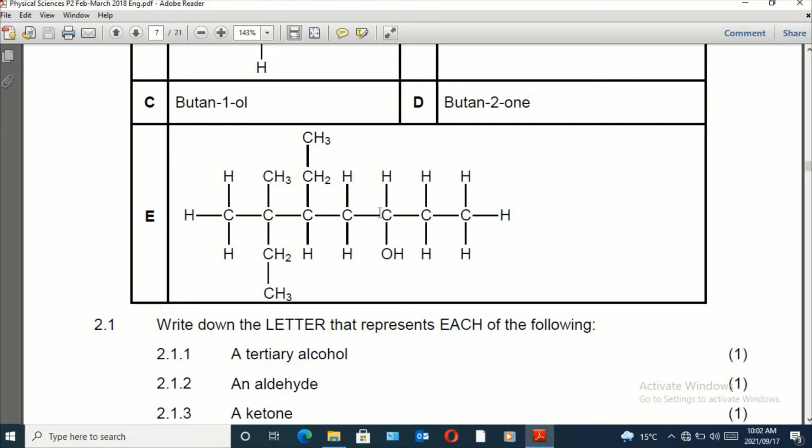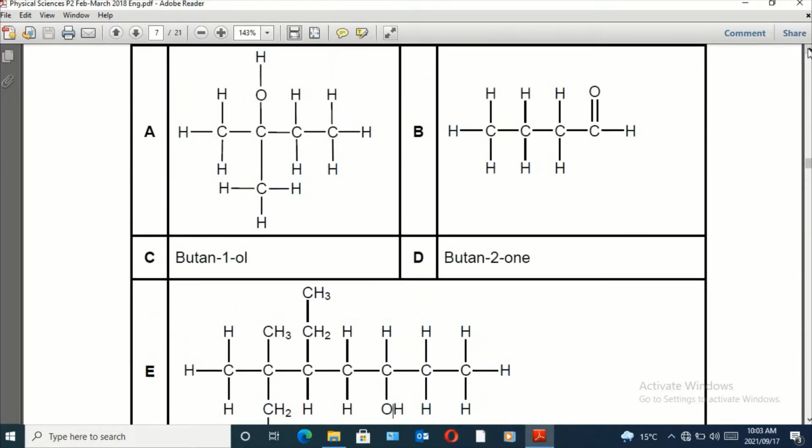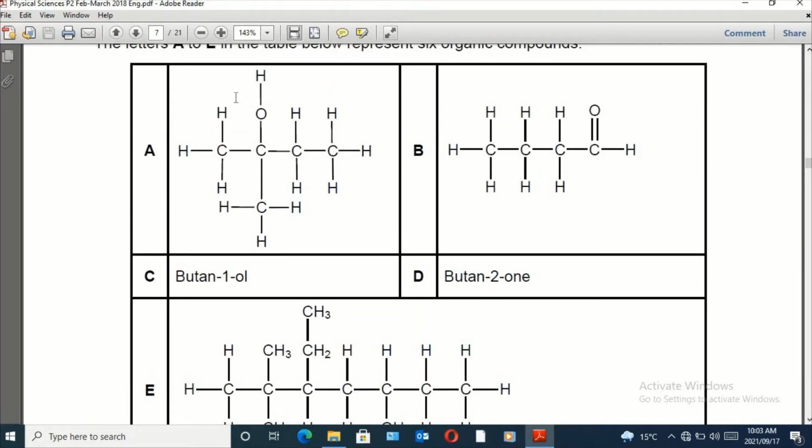And if we look at the carbon connected to the hydroxyl group, we see that it is bonded to 2 other carbons, meaning that it is actually a secondary alcohol. Later in the video, we are going to draw the structural formula for this, and you'll note that this is a primary alcohol, and this, as we've mentioned, is a secondary alcohol, and the first alcohol that we spoke about was a tertiary alcohol.